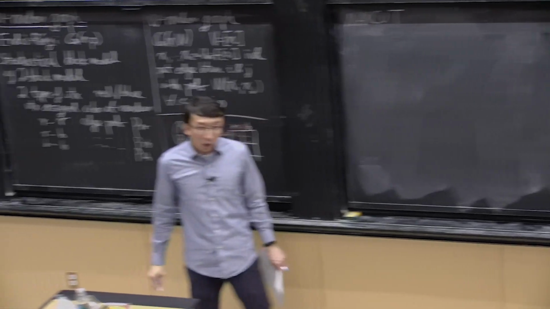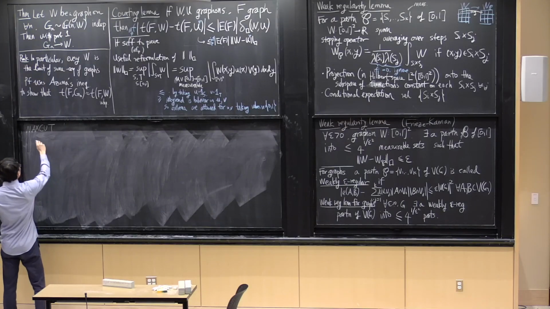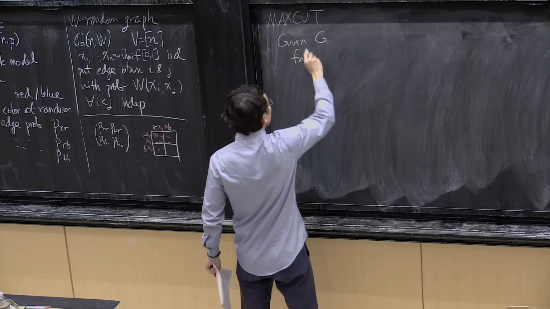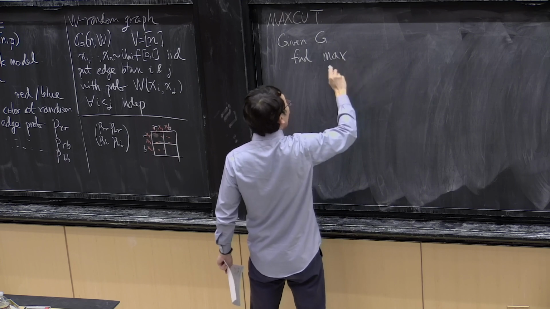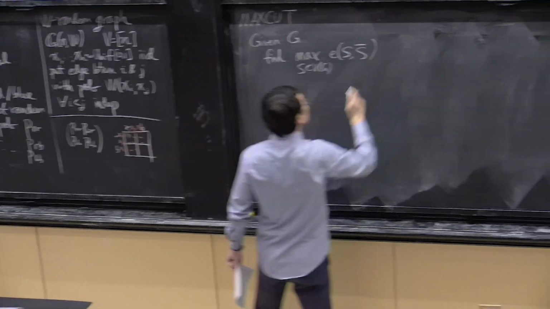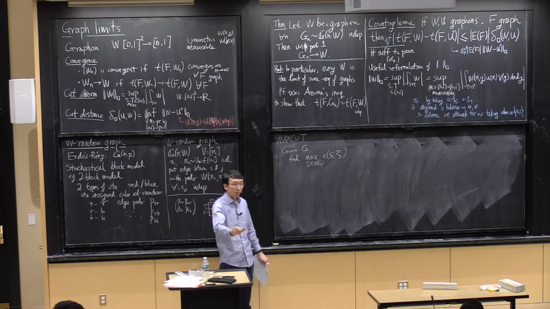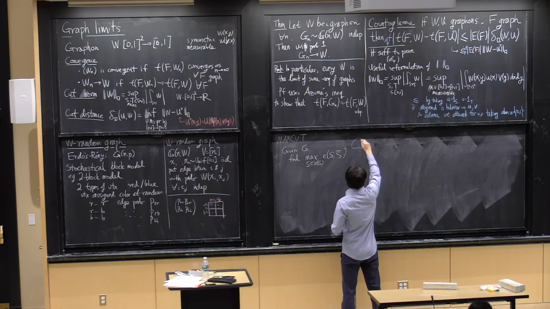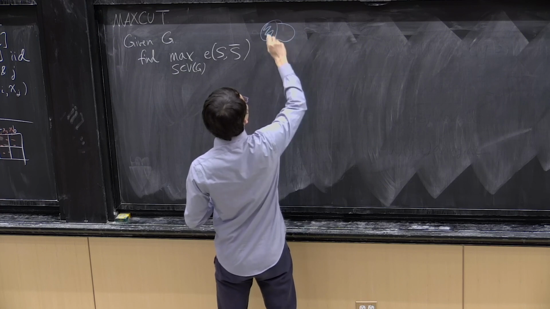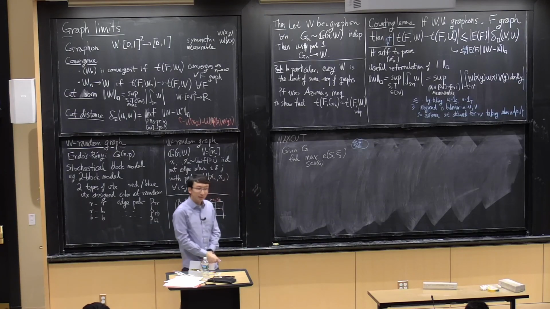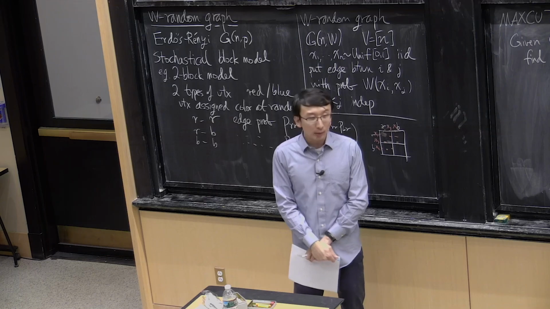The max cut problem asks you, given a graph G, to find the maximum over all subsets S of vertices of the number of edges between a set and its complement. That's called a cut. I give you a graph, and I want you to find this S so that you have as many edges across this set as possible. This is an extremely important problem in computer science.